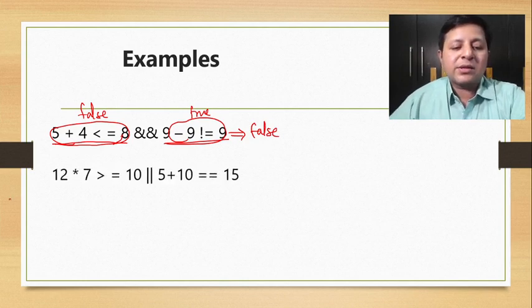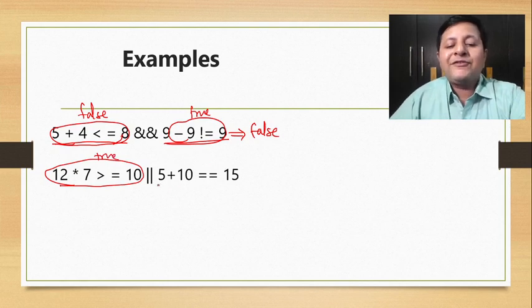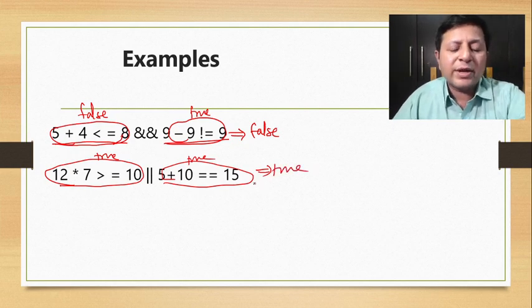Okay, so let's look at this one. 12 into 7, 84, greater than or equal to 10. 84 greater than or equal to 10 is true. Okay, 5 plus 10, 15 is equal to 15. The answer is true. And we have OR. Obviously for AND also this was true. So not a good example as such.